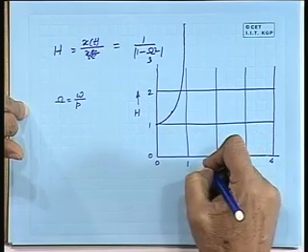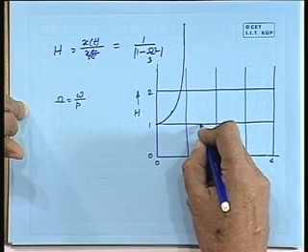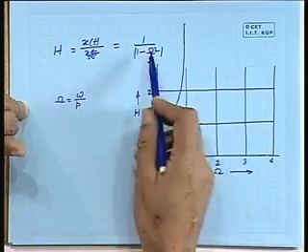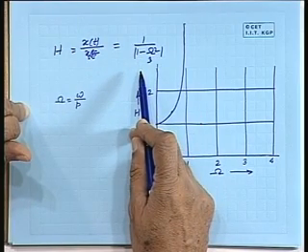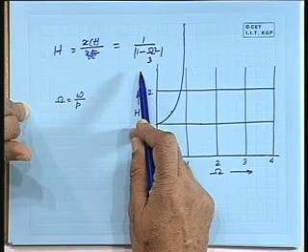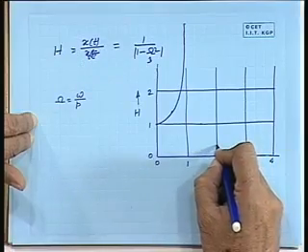So, root 2 is somewhere here, and this works out to be this point here. If you take it as 2, then it is 1 by 3, because 1 minus 4 is 3, I am taking the modulus of it, so 1 by 3. So, 1 by 3 is somewhere here.